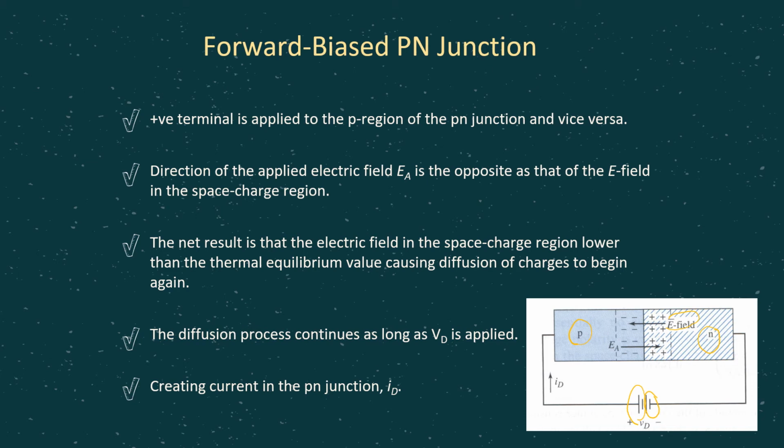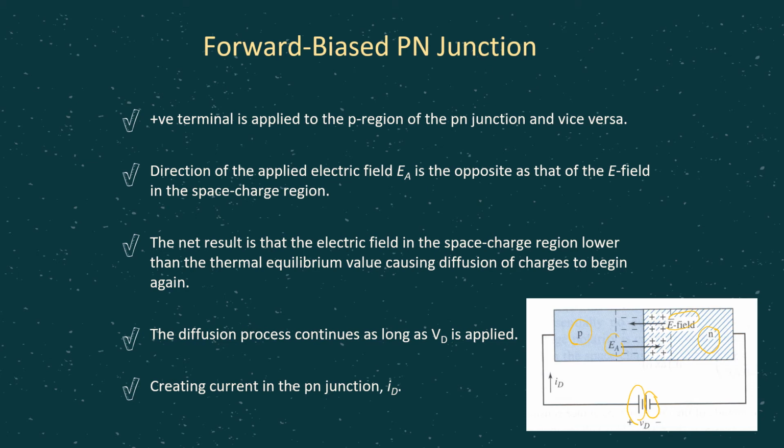Because of that, the total magnitude of electric field will be reduced because these two electric fields are in opposite direction. When the electric field is reduced, the force also is reduced. Then what will happen? It will cause the width of the depletion region to become reduced.